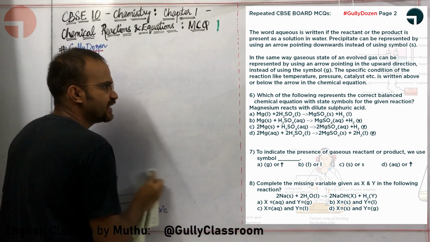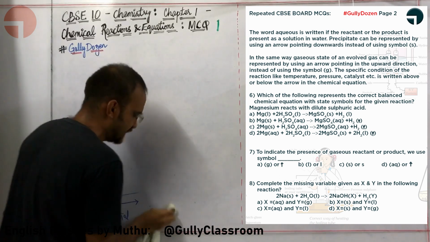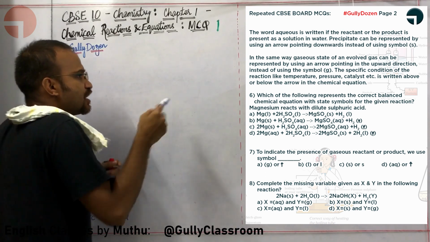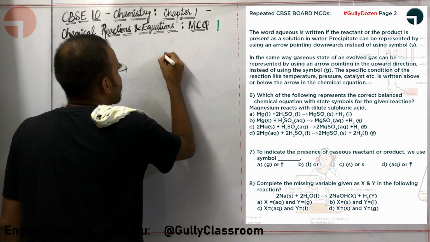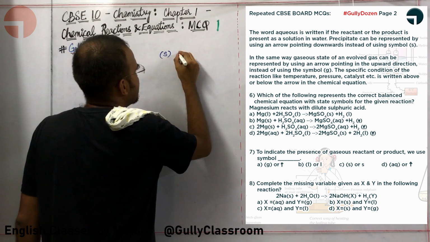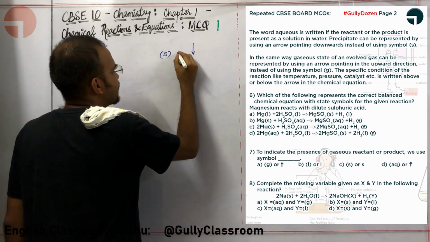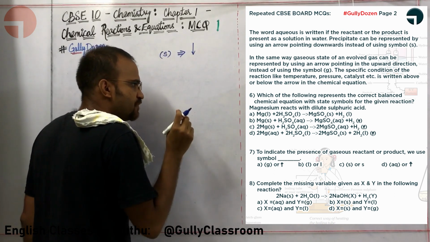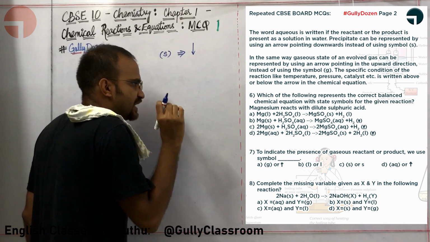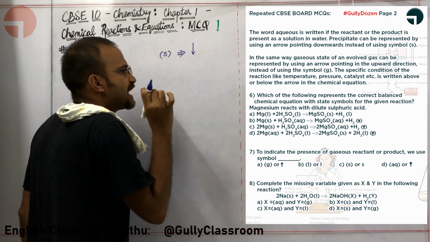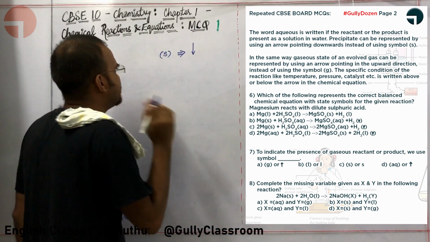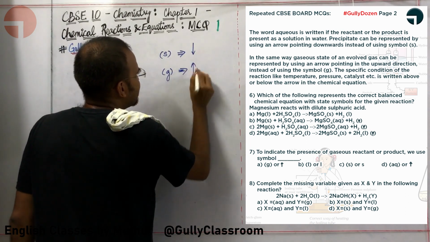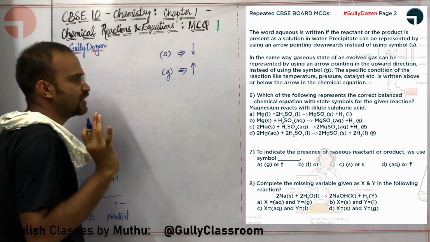A precipitate can be represented by using an arrow pointing downwards instead of writing the symbol S. In the same way, the gaseous state of an evolved gas can be represented by using an arrow pointing in the upward direction.